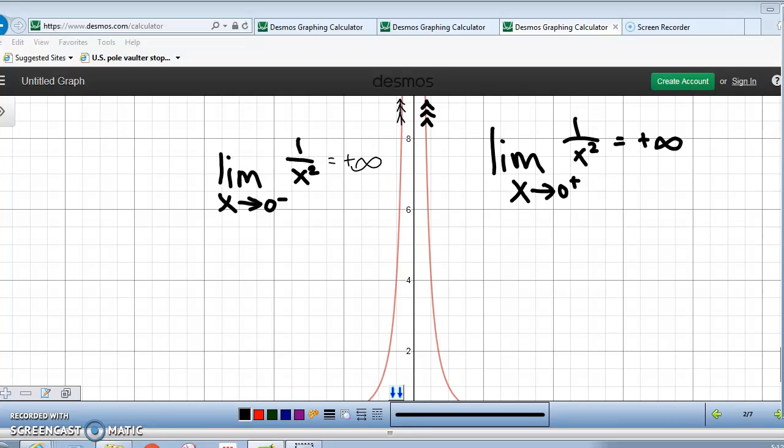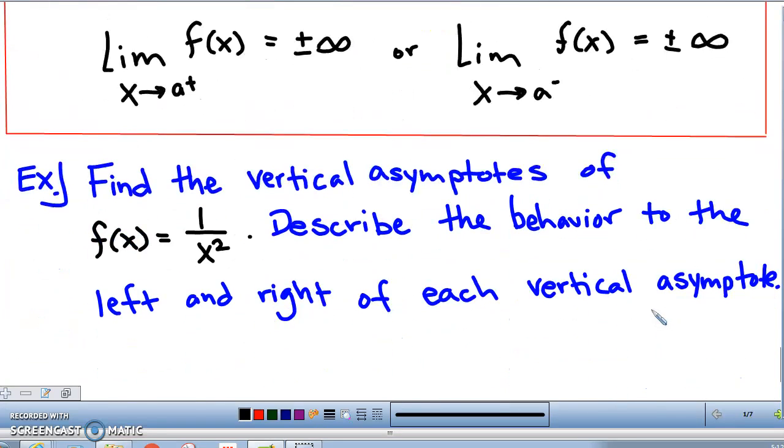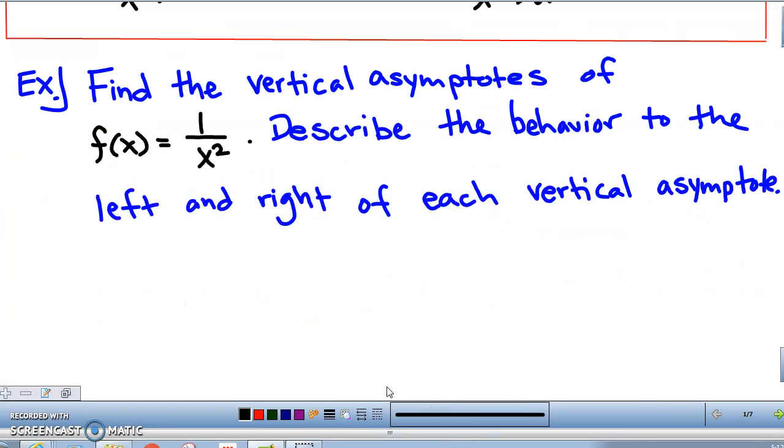Okay, but how would we do it without the graph? So, in other words, what we're doing here is we're looking for the limit as x approaches 0 from the negative side.